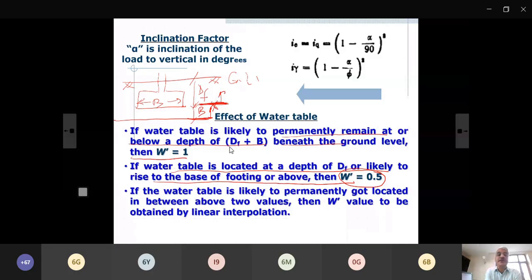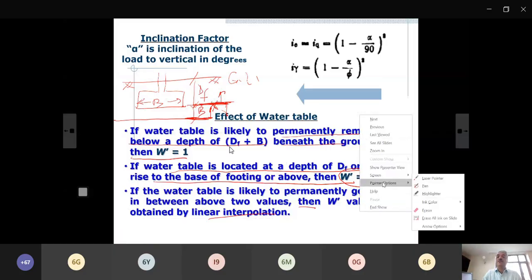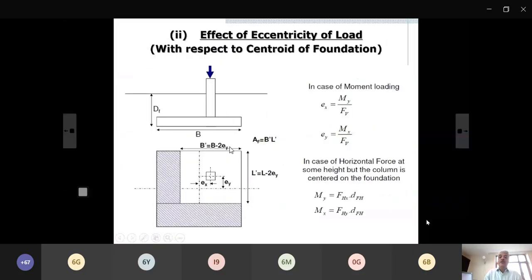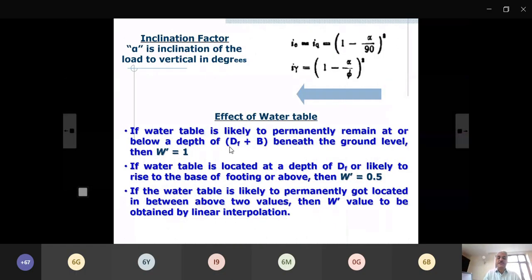That is what was given there. And if the water table is likely to remain in between, then it says you do linear interpolation and find out the value of W dash. Okay, so this is clear, how this equation of bearing capacity works, what the various components are, and from where you get those values.